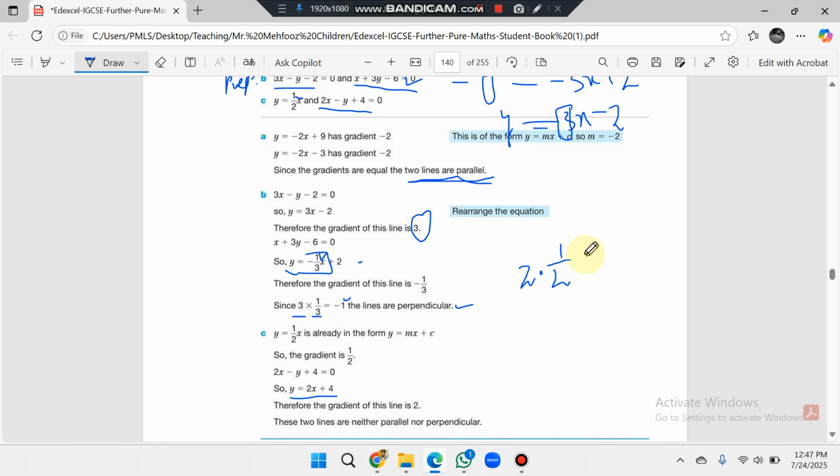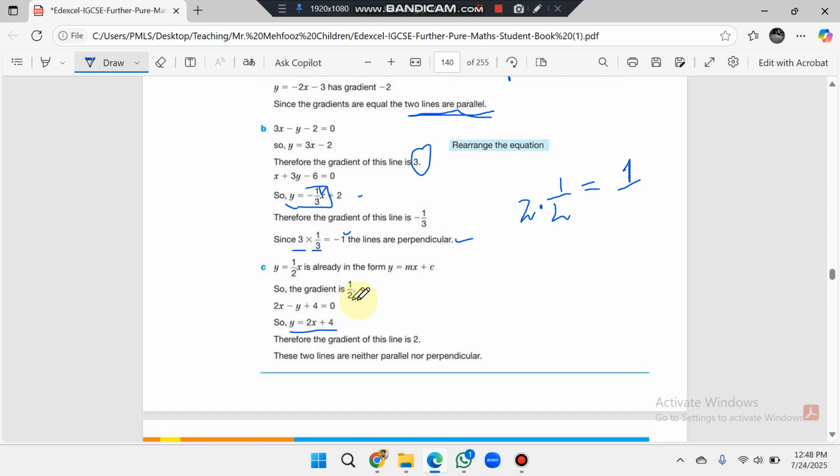When we multiply these two gradients, your answer will be simply 1. It means that it is not -1. So in this case these two lines are not parallel and not perpendicular. Understand? These two lines are neither parallel nor perpendicular.